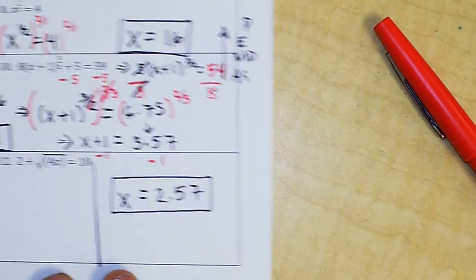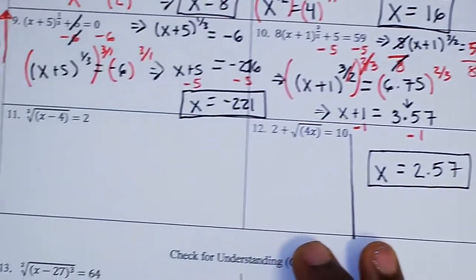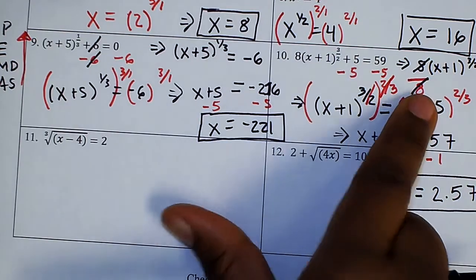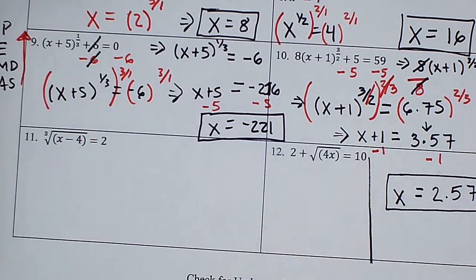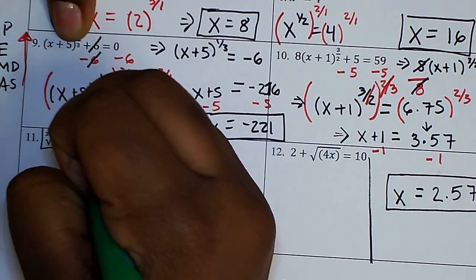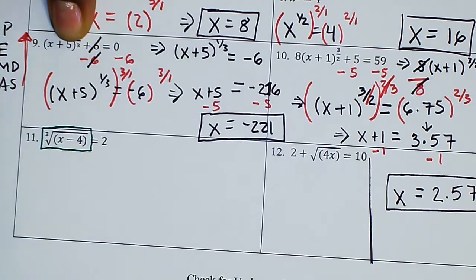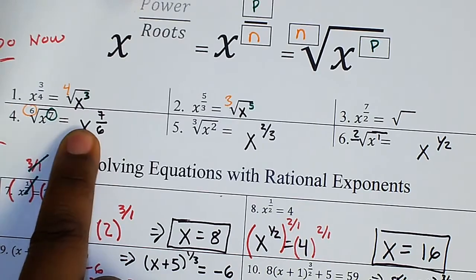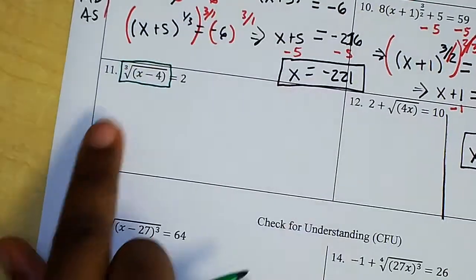All right, so let's look at number 11 and 12. Now, they're just like numbers 9 and 10, but first, we have to change this radical into a rational exponent. So remember when we kind of did that here for the do now? That's what we have to do here.